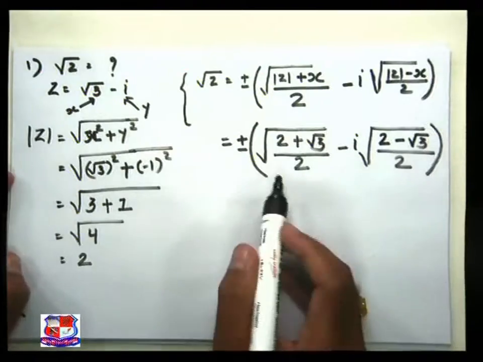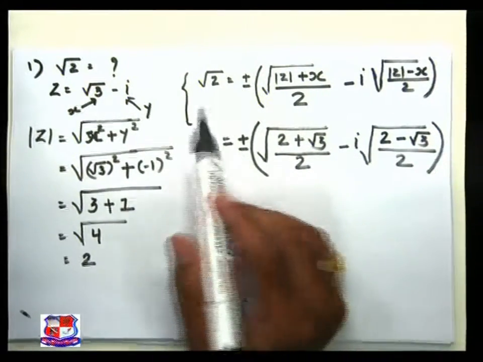So this is the under root value of our complex number.